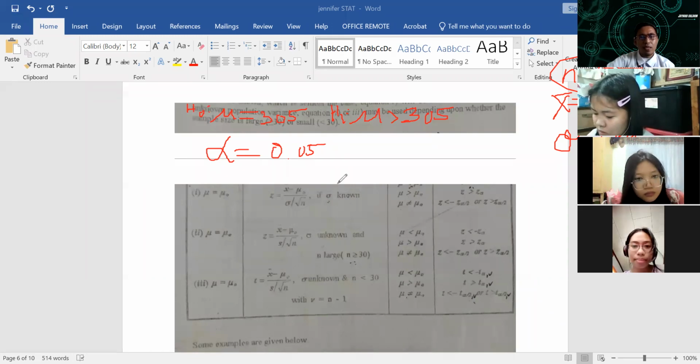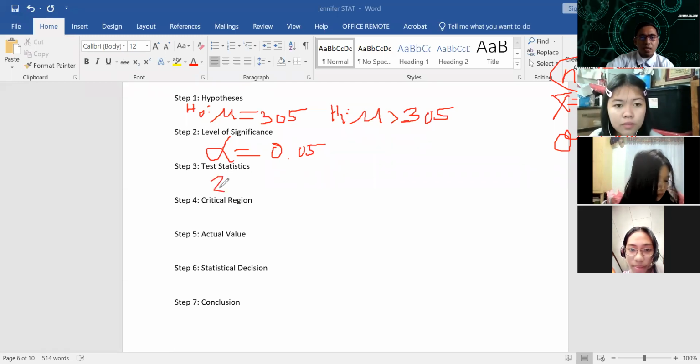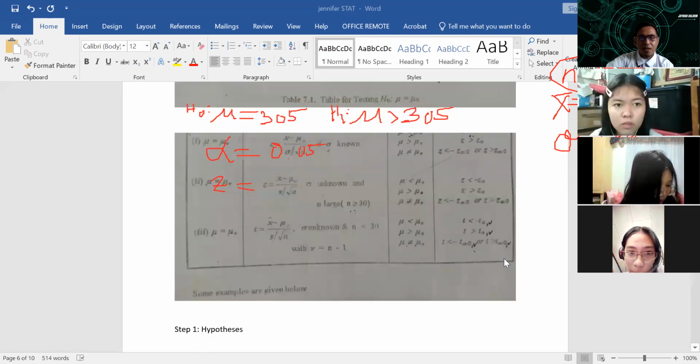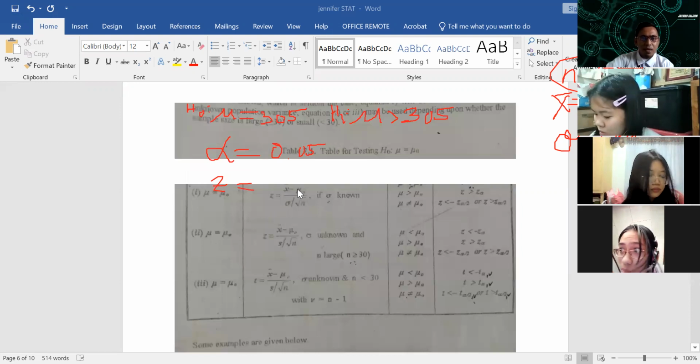In step 3, it should be Z. Do you remember? If not, go back a little. It is Z equal to the sample mean minus your claimed mean, all over the population standard deviation, all over the square root of n.